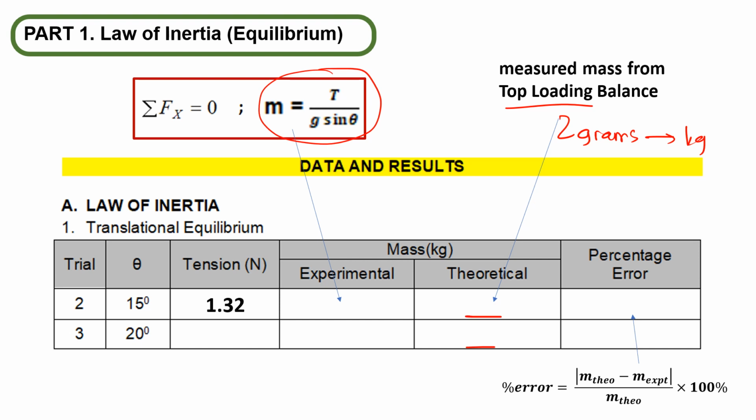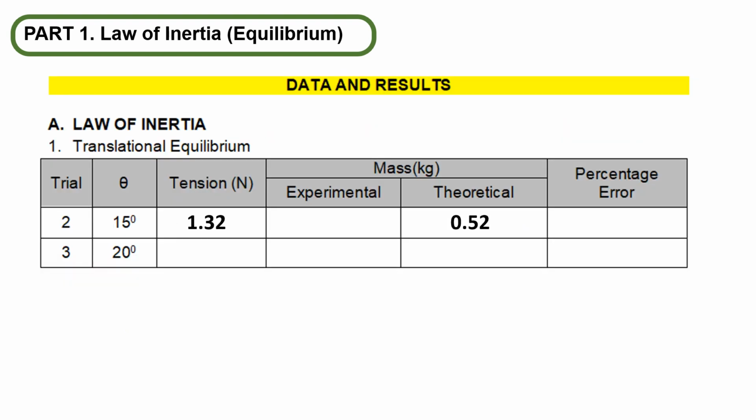After that, we have to compute the percentage error after getting the experimental and the theoretical value. Percent error is the theoretical mass minus the experimental mass over the theoretical mass, multiplied by 100. So let us compute this one. Again, the tension here is 1.32.